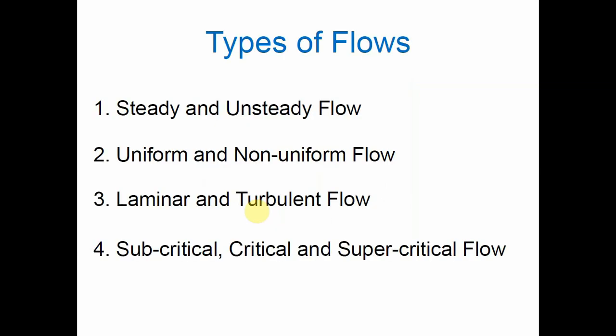Then types of flow. So mainly the flows in open channel are classified into the following types based on the characteristics of the flow with respect to space and time. First, steady and unsteady flow.